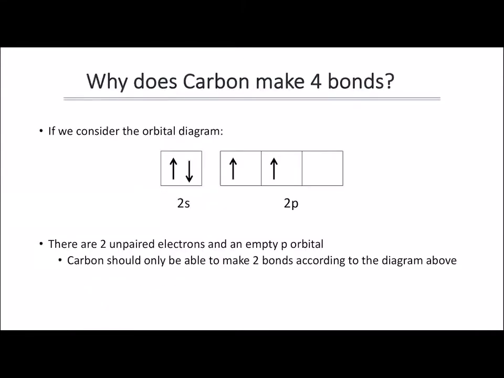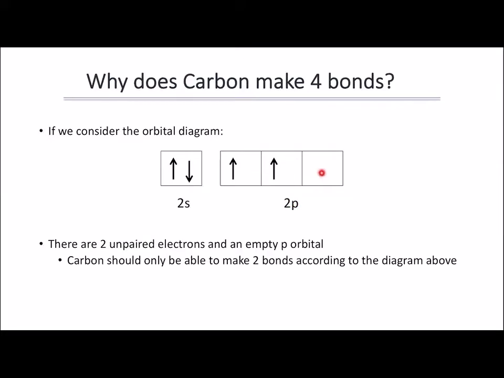But now that we've looked at Lewis structures and our three-dimensional structures, let me ask you all a question. Why does carbon make 4 bonds? Why did we draw carbon making 4 bonds? If we look at the orbital diagram, I have a 2s2 and a 2p2. How can I get 4 bonds out of this?